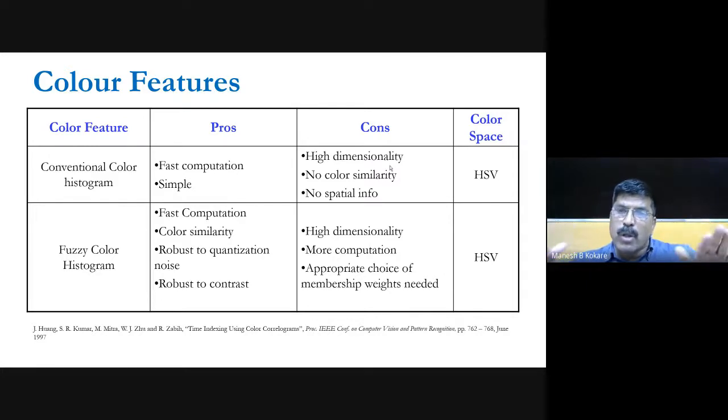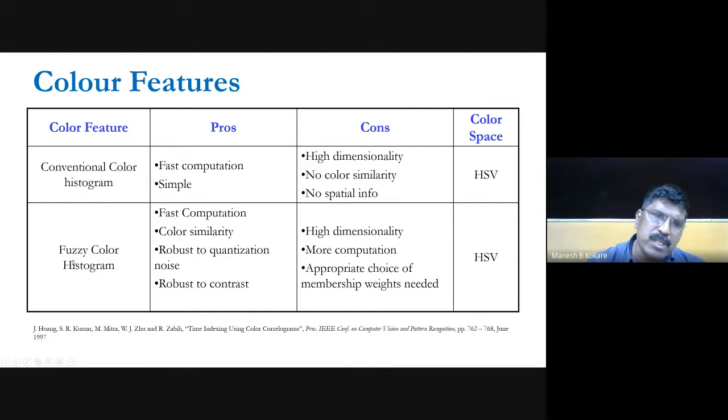So the number of bins in the histogram will be 256 in R, 256 in G, and 256 in B, so in total 768 bins in the conventional RGB color histogram. So dimensionality will be very high, and sometimes no color similarity will be there, and no spatial information will be there since you are extracting only the color information.